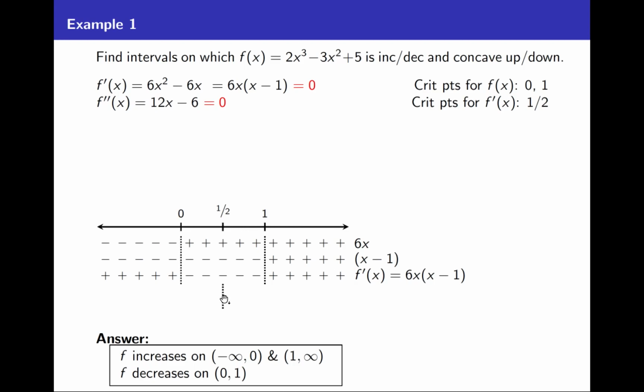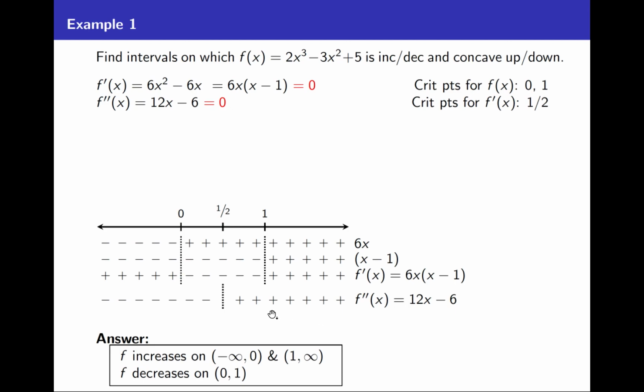And now we're going to look at the sign of f double prime on the two intervals that number 1/2 splits the line up into. So let's see. What's the sign of f double prime of x, which is 12x minus 6? Well, you can see that if x is greater than 1/2, 12x minus 6 is going to be positive. And if x is less than 1/2, 12x minus 6 is going to be negative.